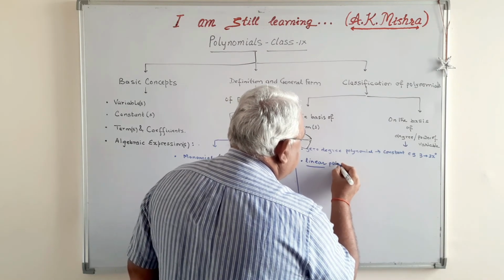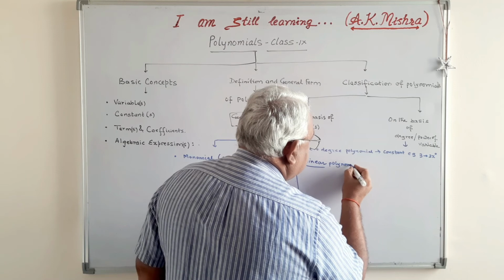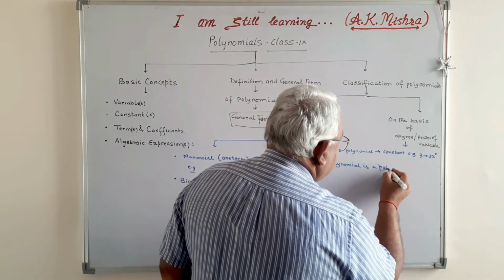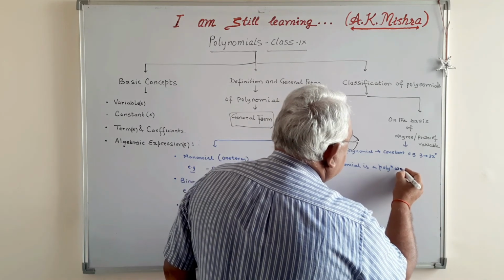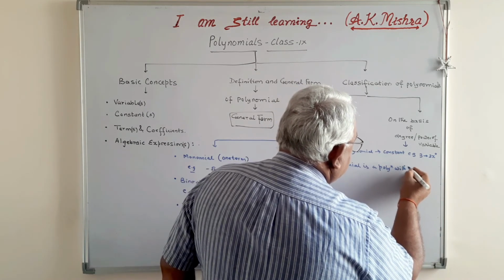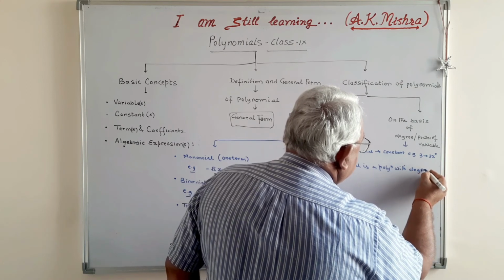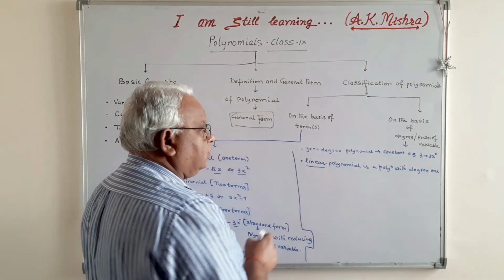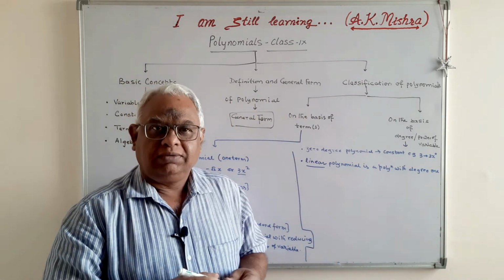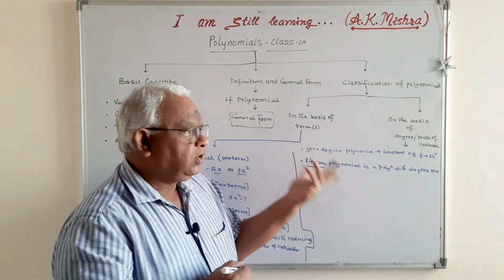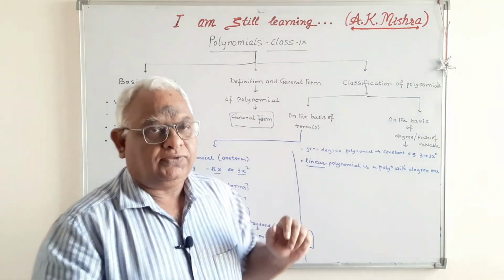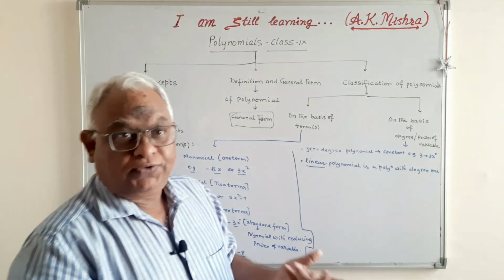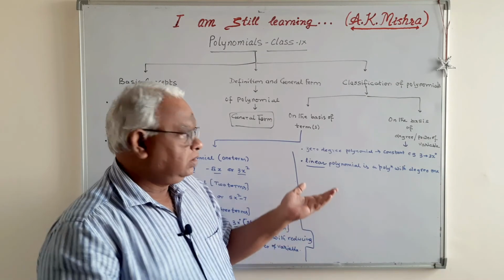A linear polynomial is a polynomial with degree 1. Many students don't know what a linear polynomial is, even in class 12th. When they are asked the meaning of linear polynomial, they are not able to answer.